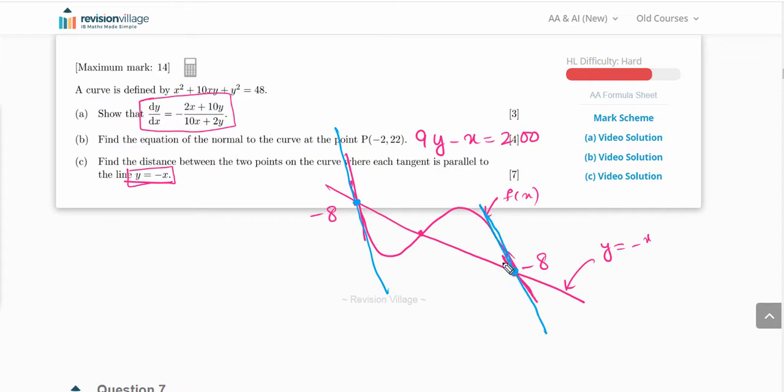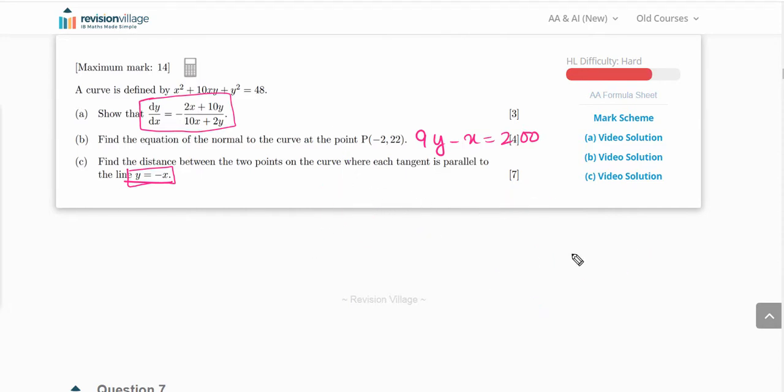So these 2 tangents have to be parallel, which means that their gradients should be equal. So we simply have to put the gradients of both the line and the curve equal to each other and work out these 2 points, and then we'll use the distance formula between these 2 points and work out the distance between them. Okay, so this is the main idea. So let's come on to the working now.